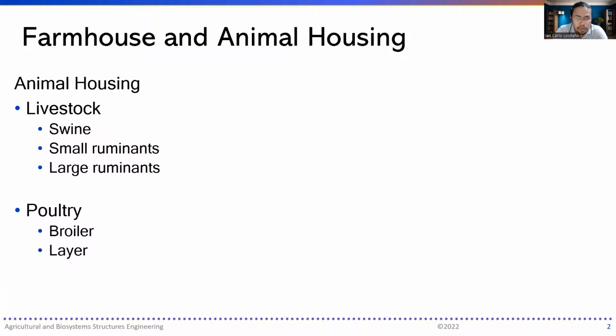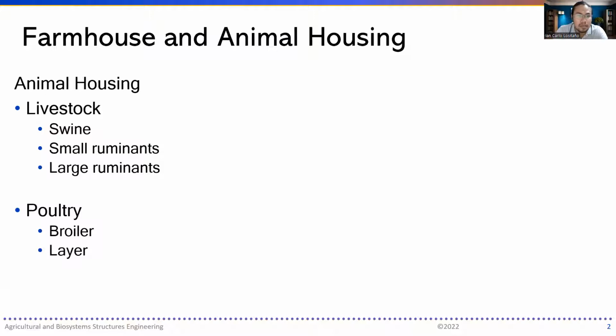Next is in poultry. There are two. You have your broiler. So for broiler, the focus of production is meat. So you produce or you grow chickens for meat. You have also layer, and this entails production for egg.